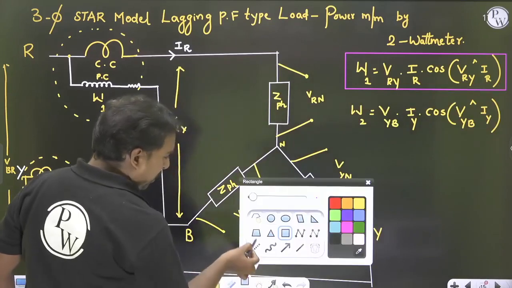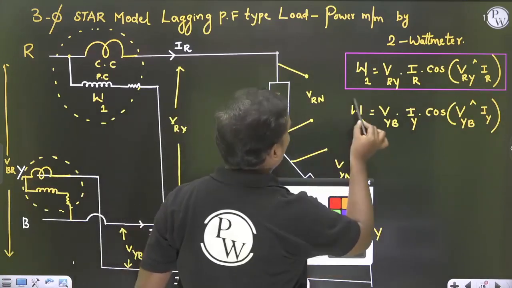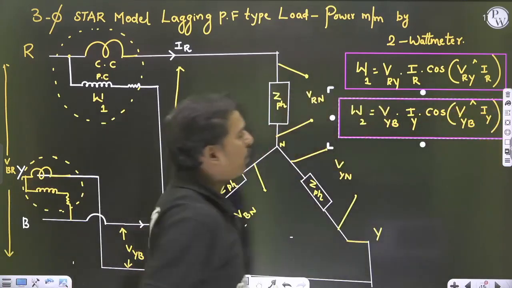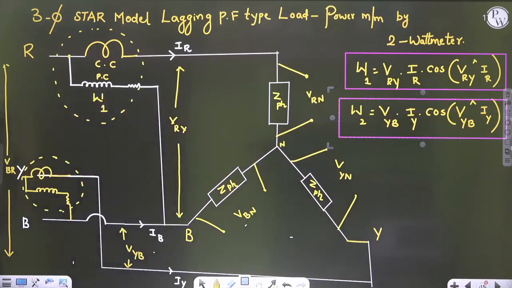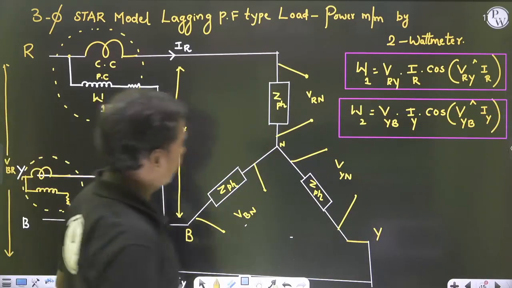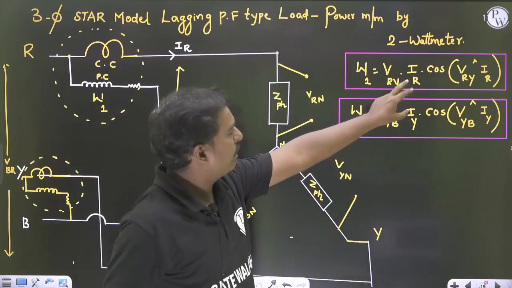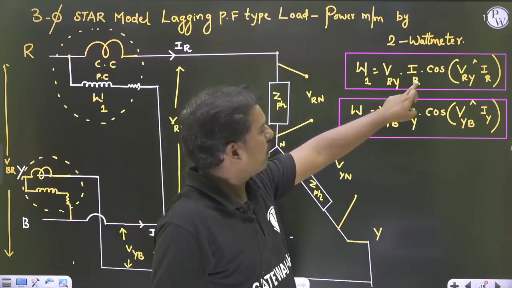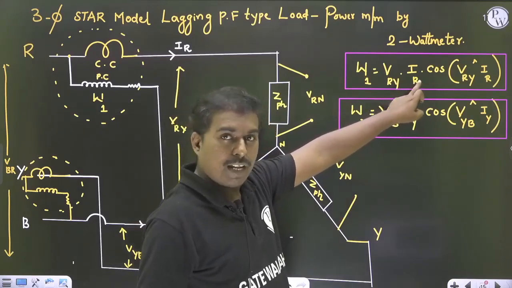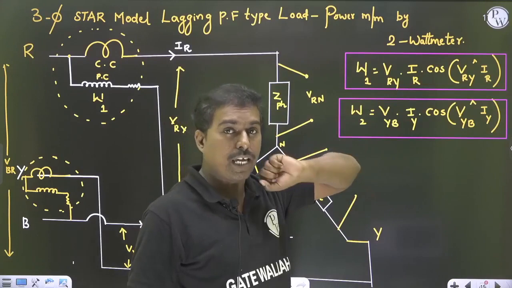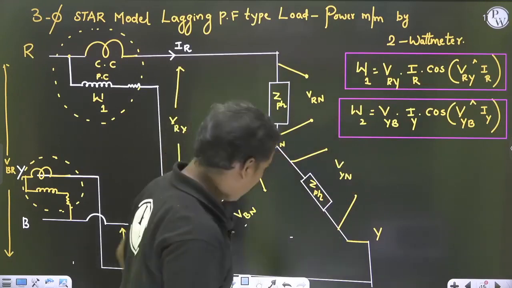If you know the cosine of the angle between these two, then we can go for the derivation. So an important extraction here: we have to get the phasor angle between the line current and the voltage. Line current and phase current are both the same in our star model.